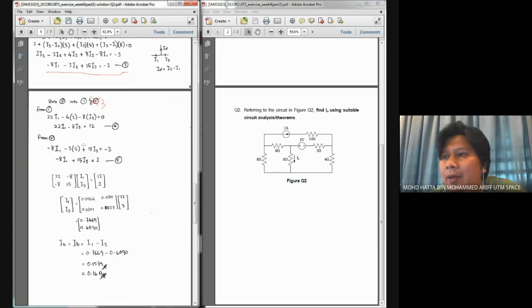If I am solving two simultaneous equations, it's easier for me in MATLAB. It is easier for you to use matrix multiplication.